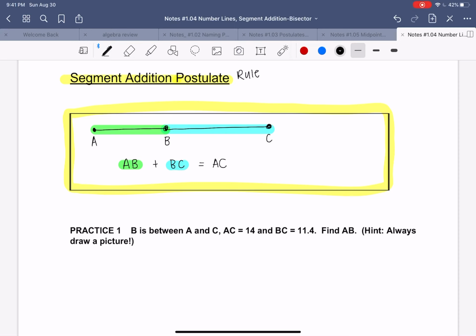Okay, so the distance between AB plus the distance between BC equals the whole line segment. Okay, so you'll hear me say a lot, part plus part equals whole. I say this a lot, okay? So part plus part equals whole.